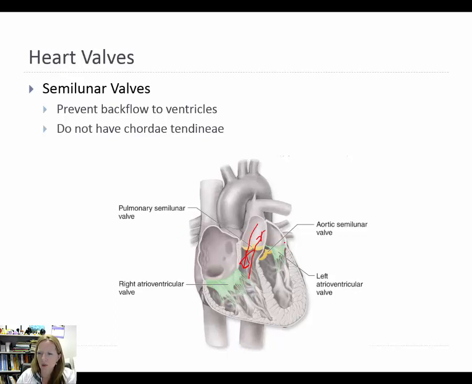If there's a problem with that mitral valve, which is not good because this is the left side of the heart and this blood needs to get to all of the cells of the body, then some of the blood is actually going back into that atrium. And that is, of course, going to reduce the amount of blood that gets to the rest of the body.